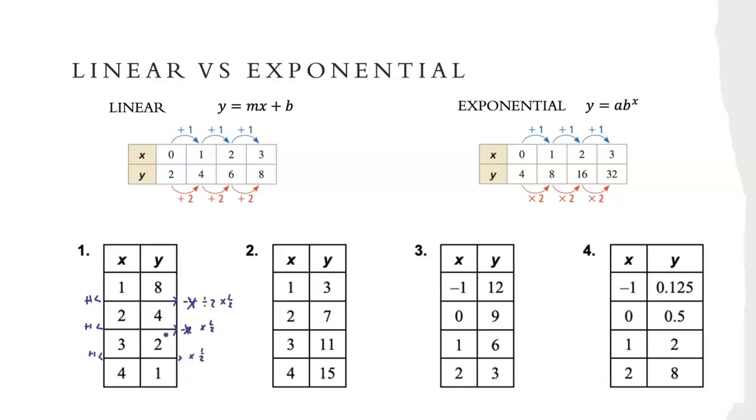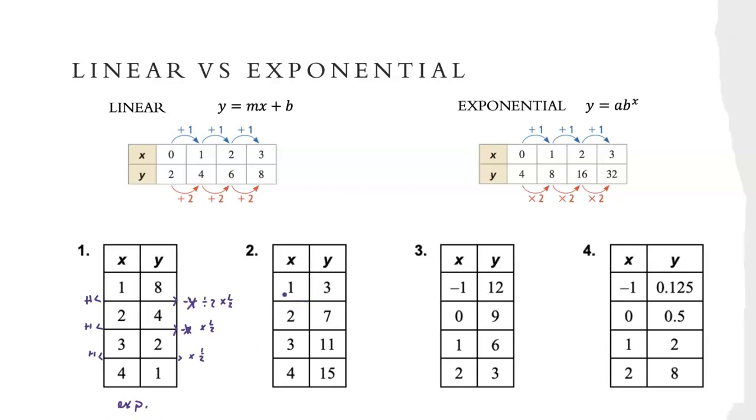So we might think about it at first as dividing. Well, 8 divided by 2 is 4, but if I'm dividing by 2, that's just 1 over 2, so I'm multiplying by 1/2. This, though, as we're multiplying each time, tells me that I have an exponential equation, or a function here.